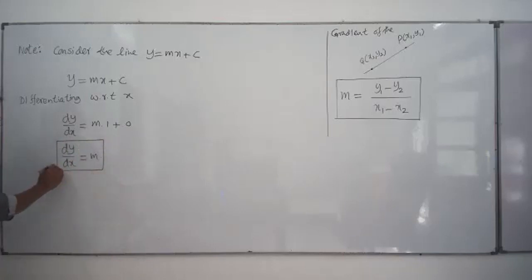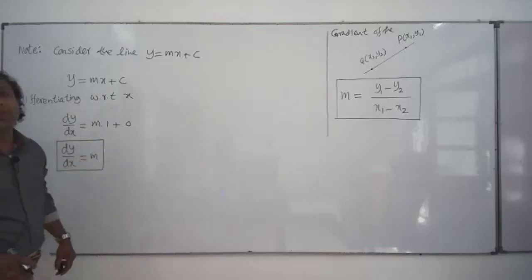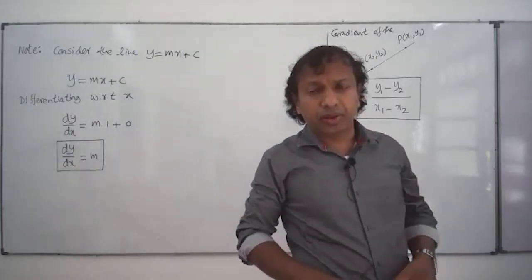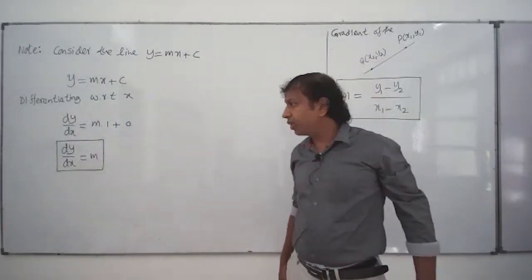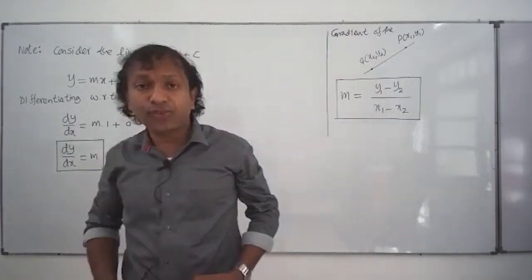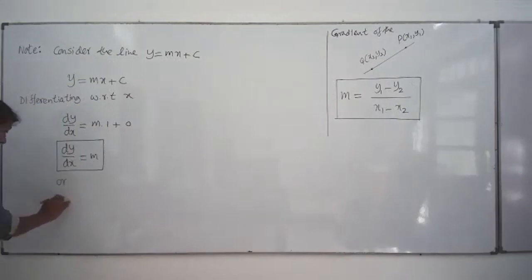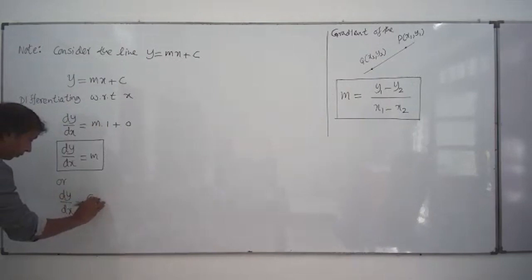Now dy by dx has all the properties this gradient m has. dy by dx gives us m, that means dy by dx stands for gradient.